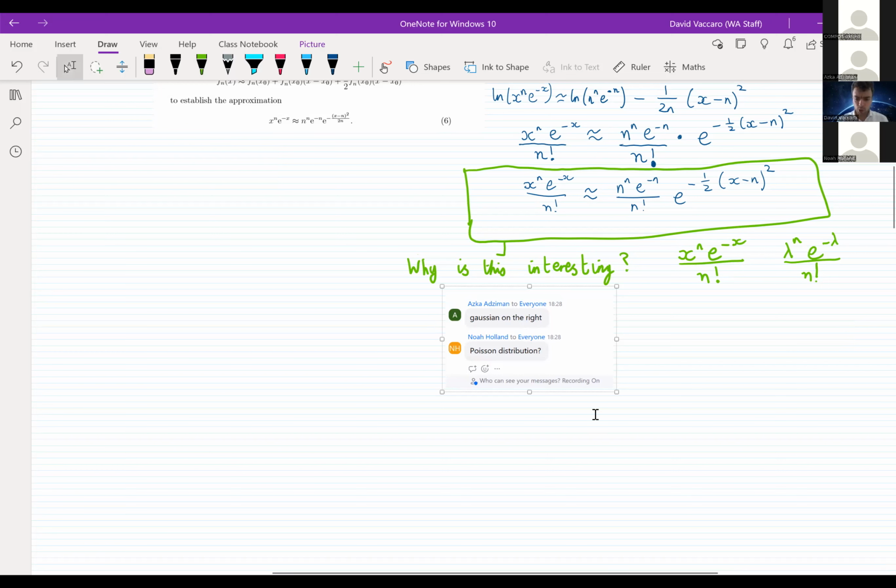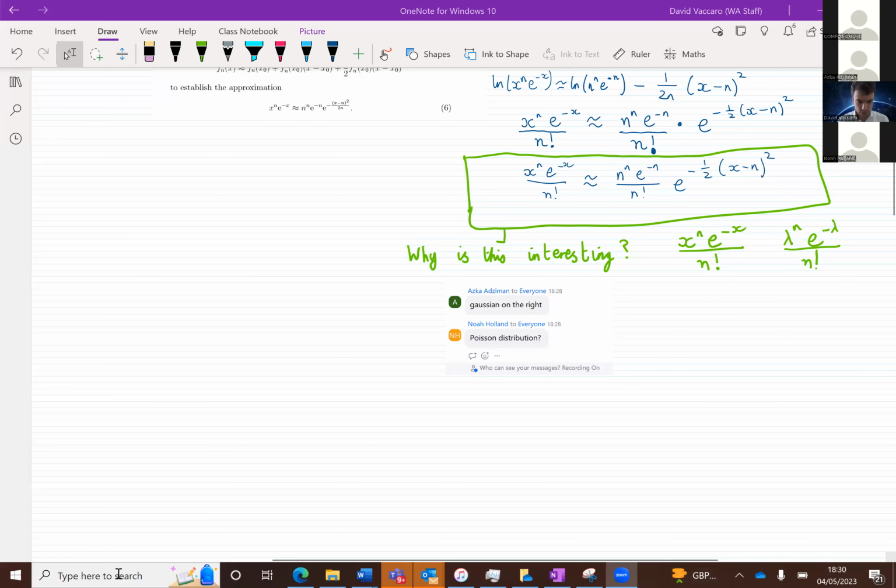I think it'd be worthwhile just illustrating this for a second, just to show you what I mean. Too many windows open. I'm just going to share my screen.